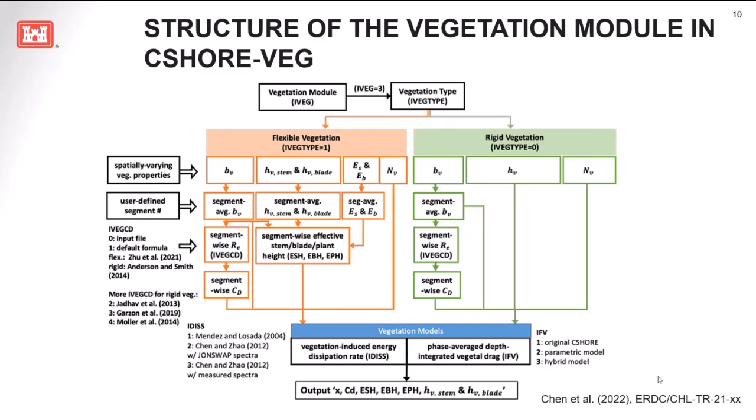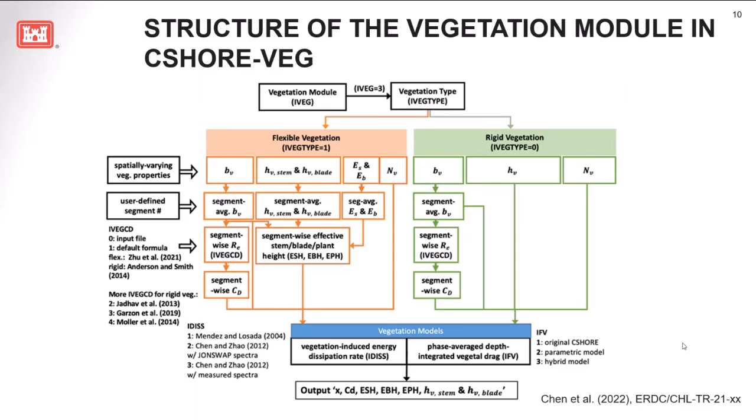This is the structure of the vegetation model in CSHORE-Veg. So the inputs for the flexible model or flexible vegetation are biomechanical properties. So VV is the vegetation width, HV is vegetation height, E is the Young's modulus, and NV is the population density. For rigid vegetation, it only includes the width, height, and population density.